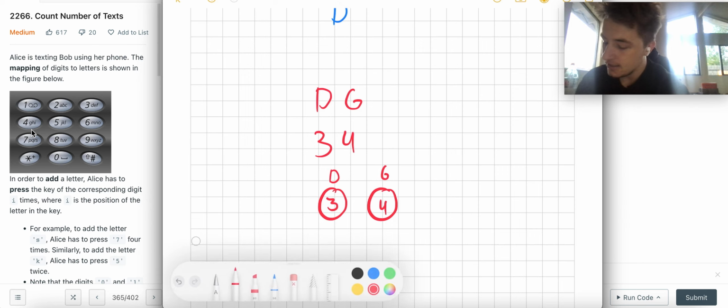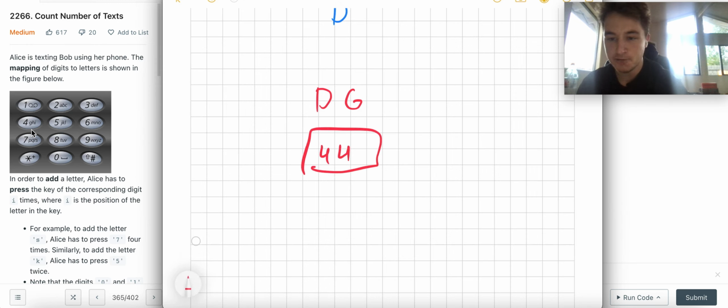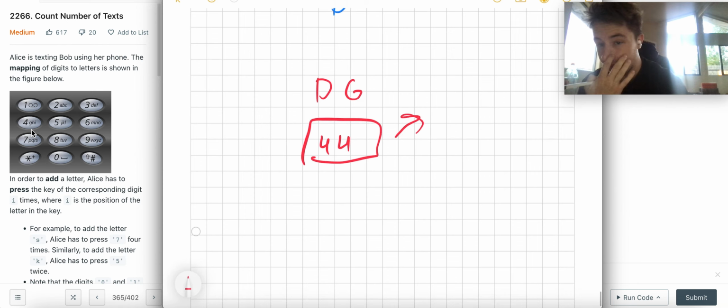But if you had a message with, say, 4, 4, and you were given this screen text here, again, this could be multiple things because it could be GG, good game, or it could be just an H. So how does that work?